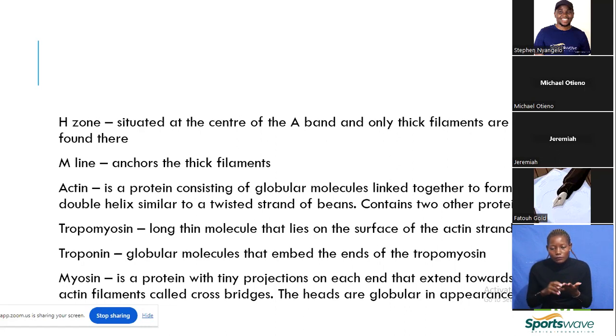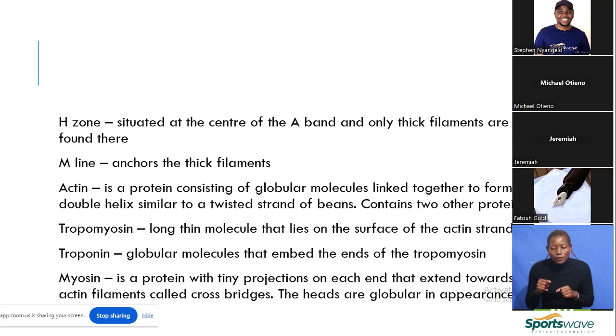The mechanism of muscular contraction is based on the theory called sliding filament theory. I will not go into that, but that theory is what explains the contribution of the actin, myosin, tropomyosin, and troponin in muscular contraction. It's a very interesting phenomenon, and if you just go and Google the sliding filament theory, you'll be able to see.